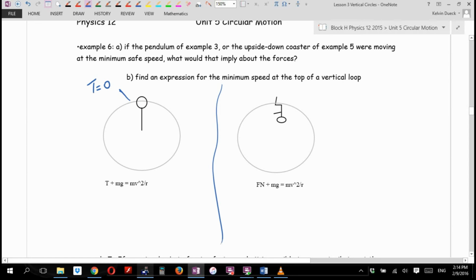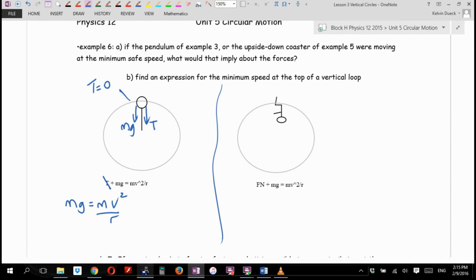Now here's the equation that we derived. We did say we had tension and gravity down. We did say tension plus mg equals mv squared over r. But at minimum safe speed, what's tension? So we get this. What else do I notice?